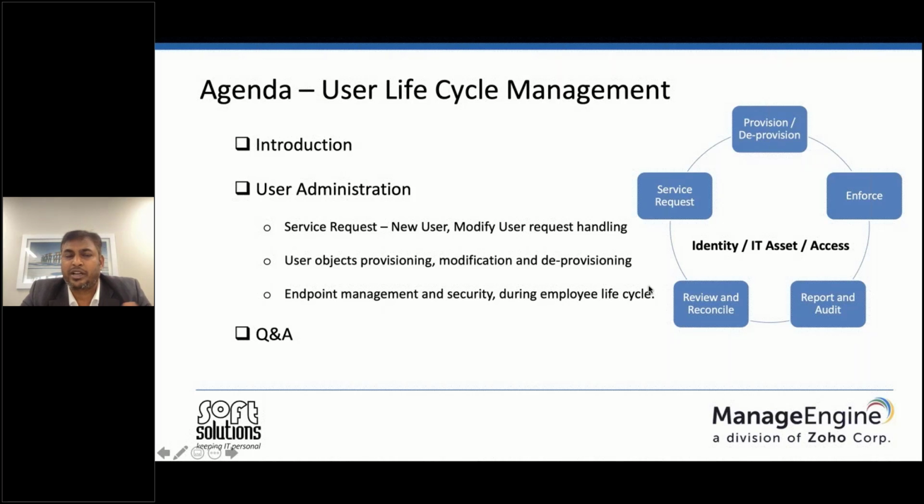Then report and audit on user performance, the devices he's using, the inventory report and auditing report, and then review and reconcile, audit, and make sure that things are right. Is he happy? The whole set of user elements is managed and tracked, and this can be done using our solution. So let's jump into the application.